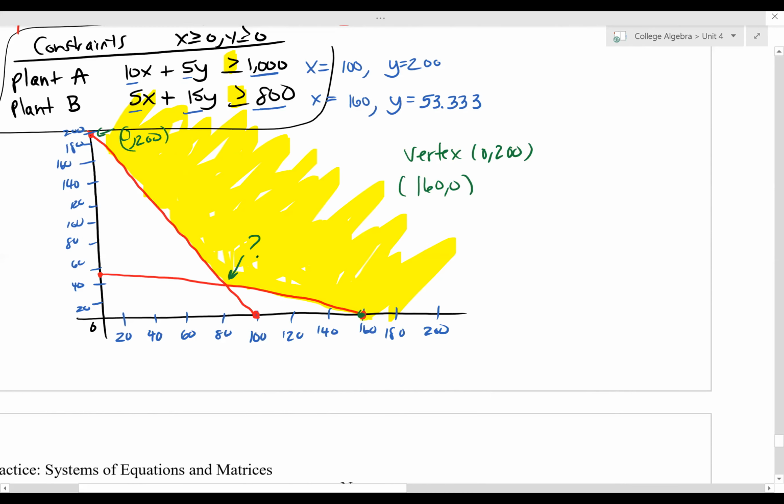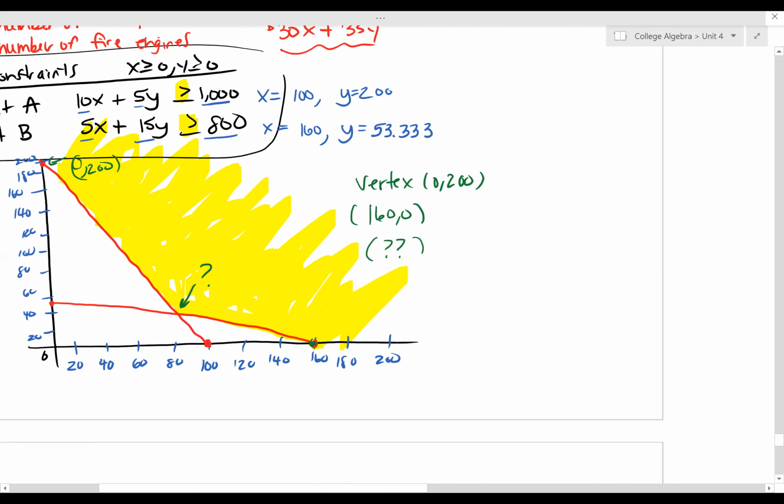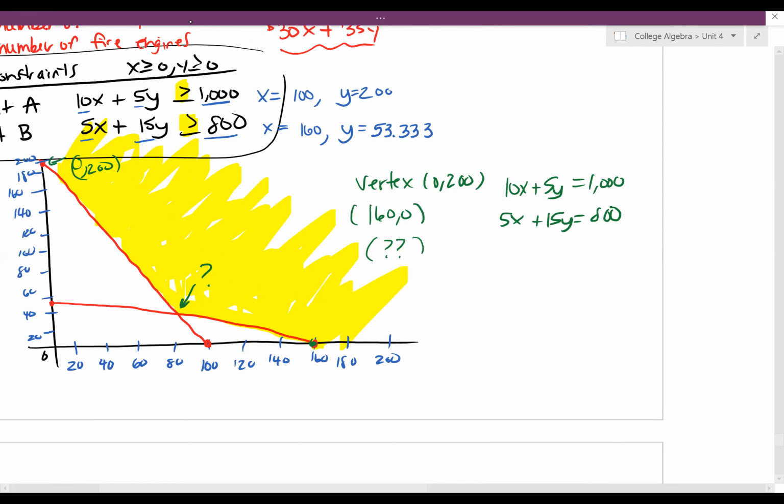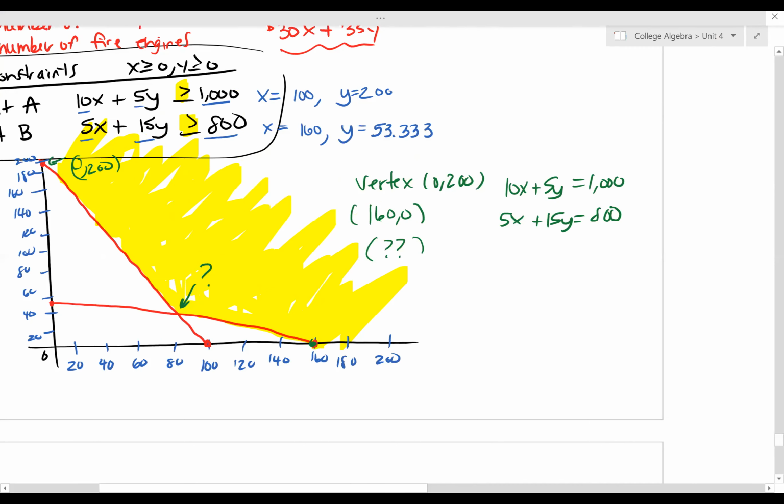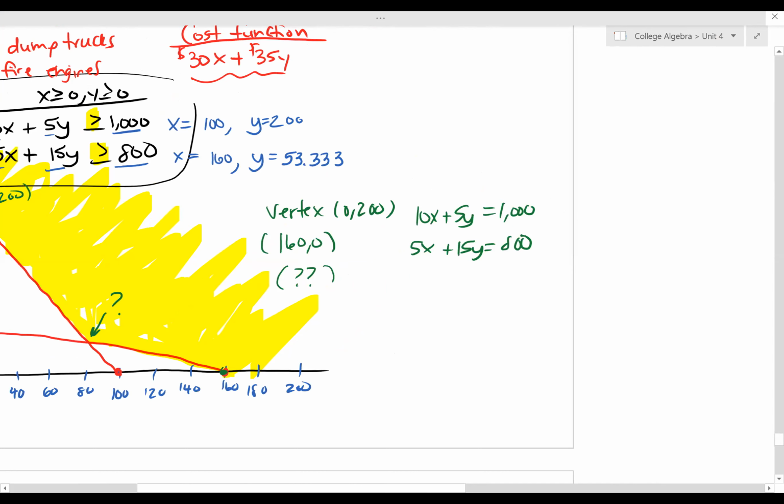So usually that's going to be the solution that will work, but we need to solve the system where we stack these two equations and find their point of intersection. So I'm going to write 10x plus 5y equals 1,000, and 5x plus 15y equals 800, and using the elimination method, let's see what we can cancel. It looks like it would be easiest to cancel the x, although you could multiply by 3 to cancel the y.